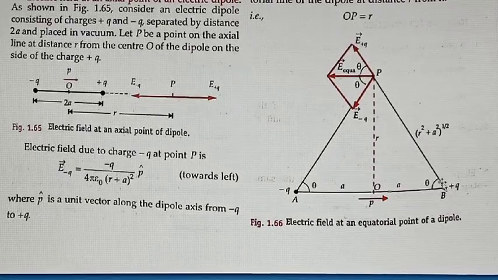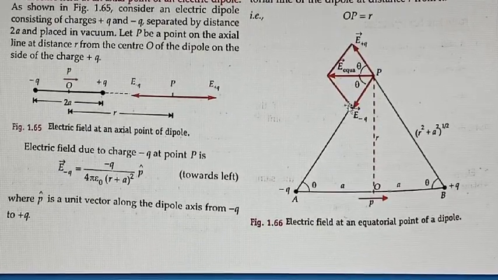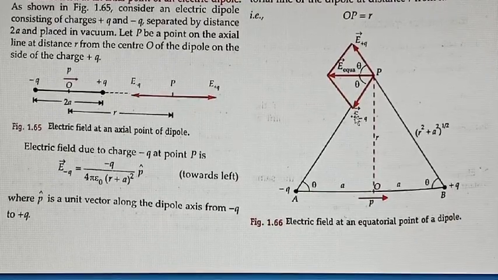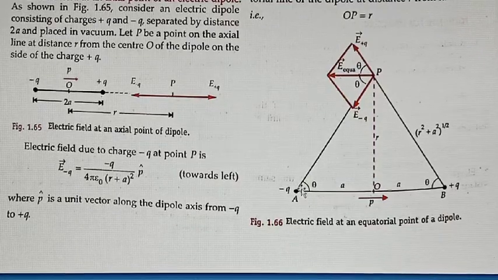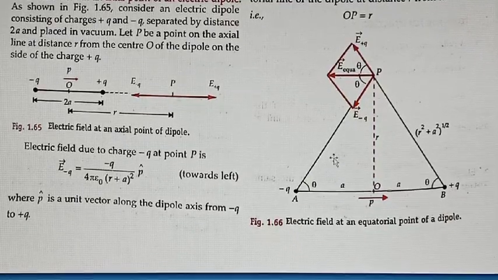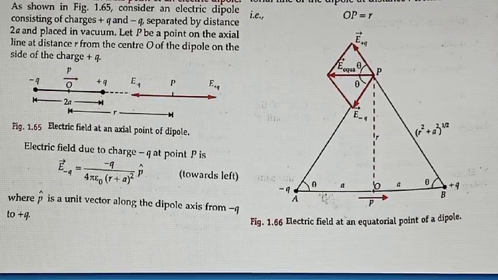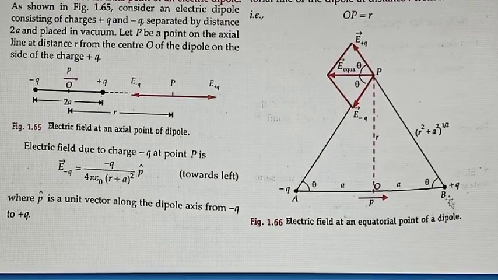This is positive, so from this positive charge it has to go like this. Now you can see the length of E plus Q is equal to the length of E minus Q, because the magnitude of electric field at point P due to minus Q is equal to that due to plus Q, because these two charges are of equal magnitude and the distance AP is equal to BP.